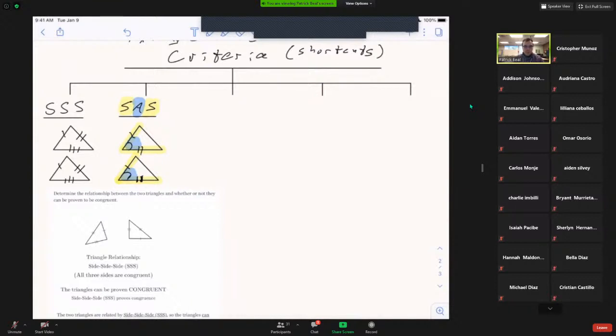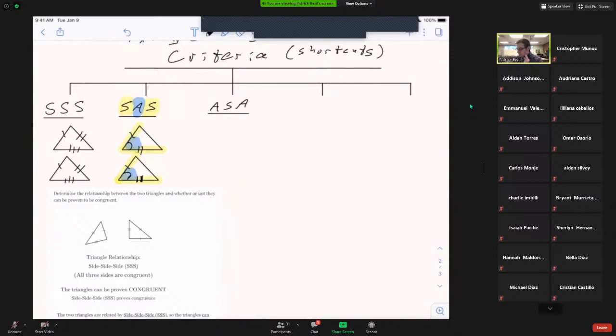Good so far? Any questions? Let me just get through the shortcuts here and then we'll drill through some of the homework. All right, so that's SSS, SAS. The third shortcut is ASA.